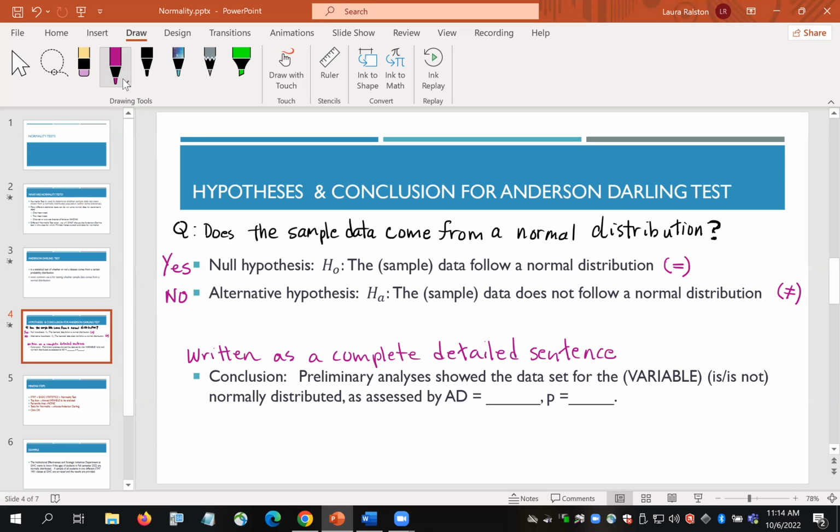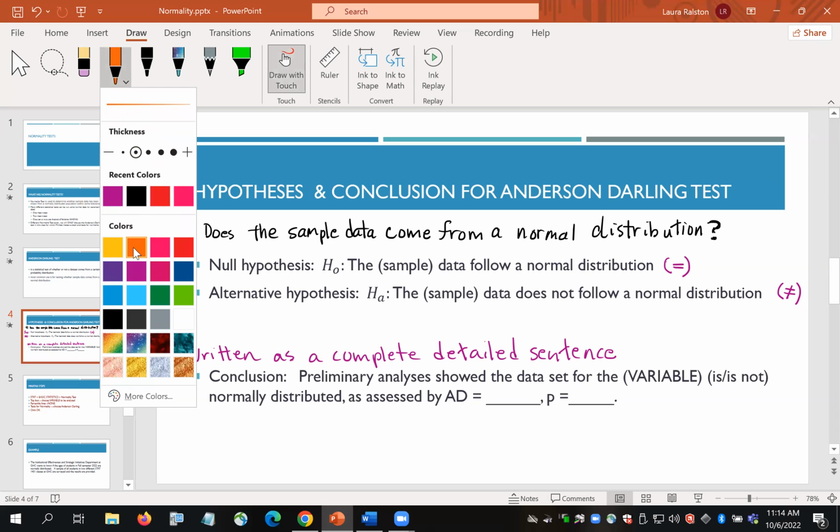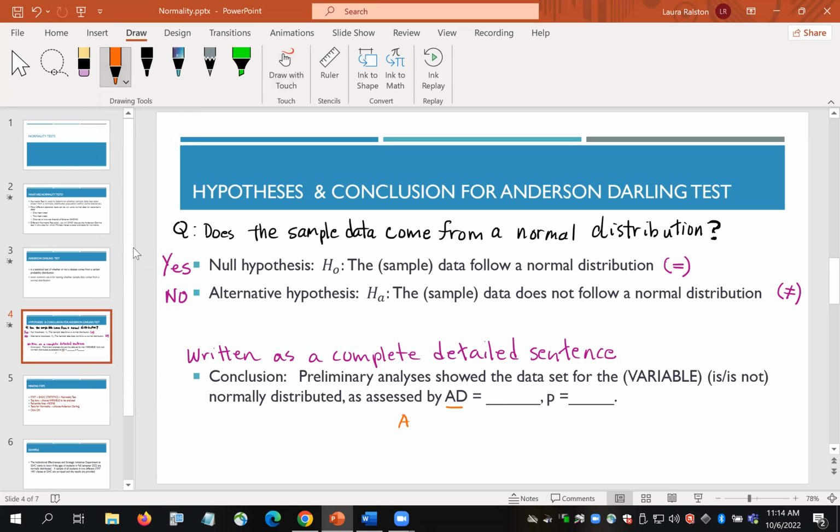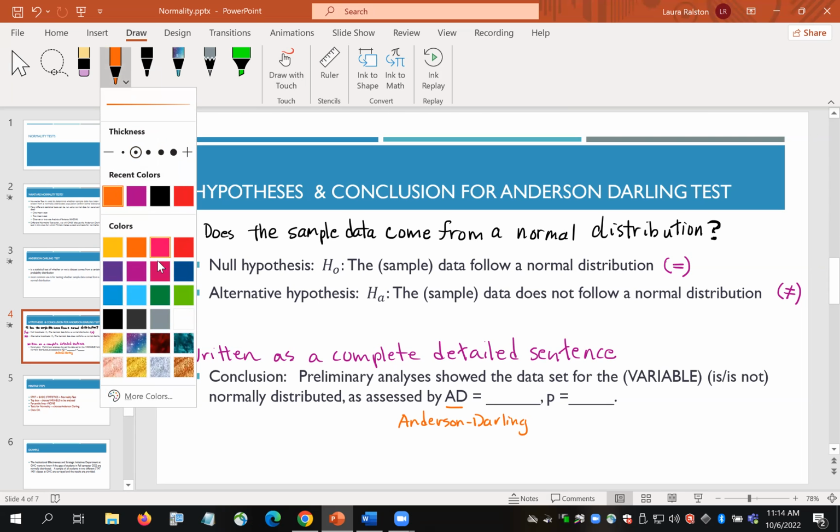AD here, and hopefully it makes sense, stands for Anderson-Darling, and P equals, and the P here represents the p-value.